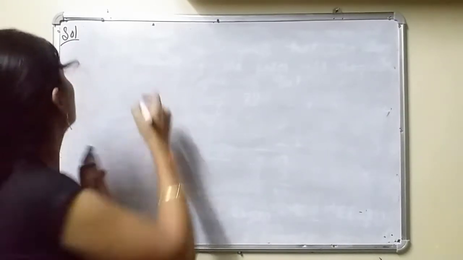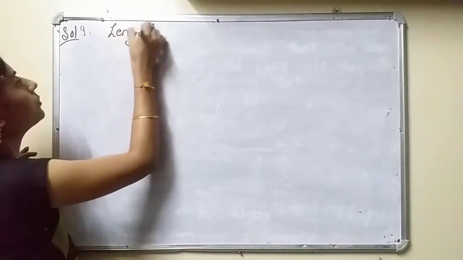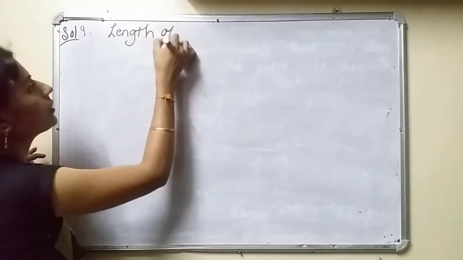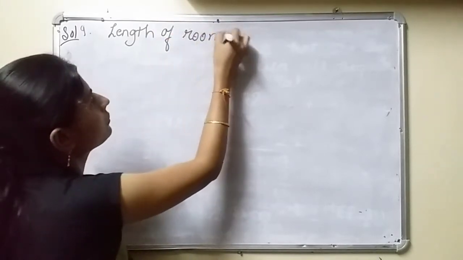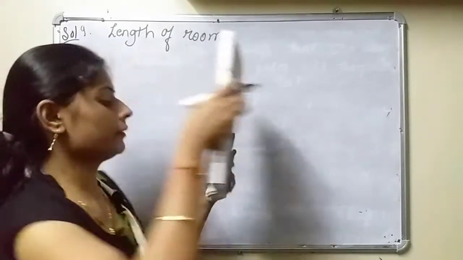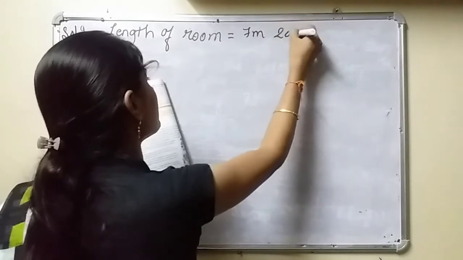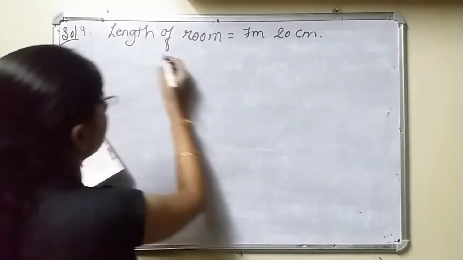See, first of all, what is the length of the room given there? Length of the room is 7 meter and 20 centimeter.